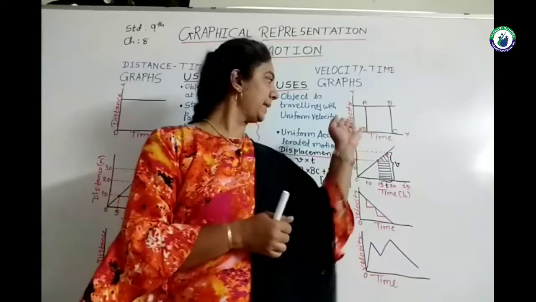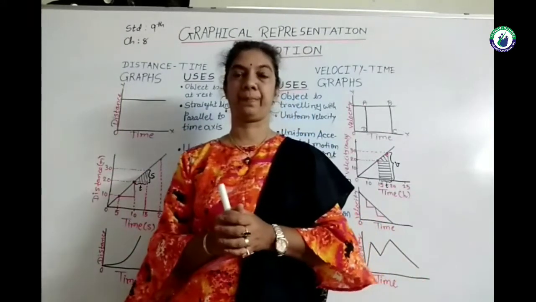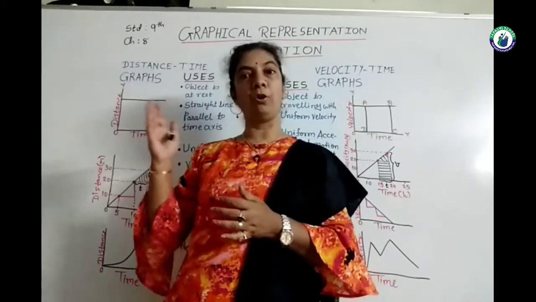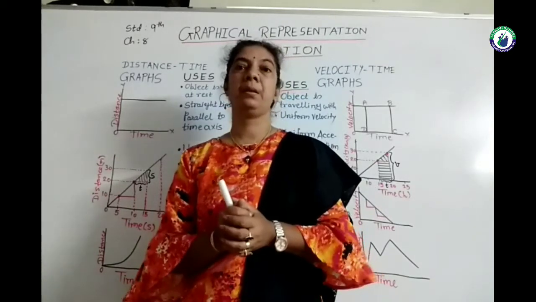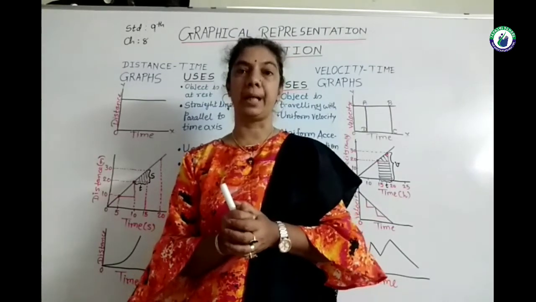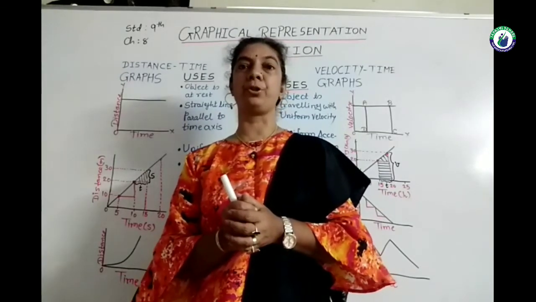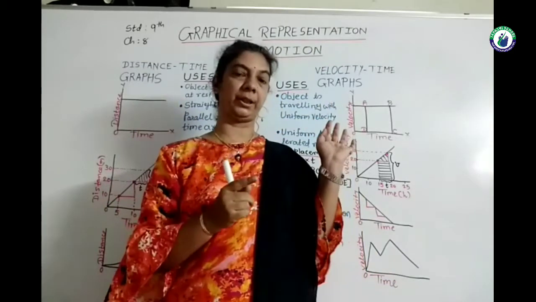After that, you can see the different shapes of the graphs. Let us analyze all of them one by one, which is also known as the uses of that graph. You are supposed to remember the type of graph, that is either distance or velocity.